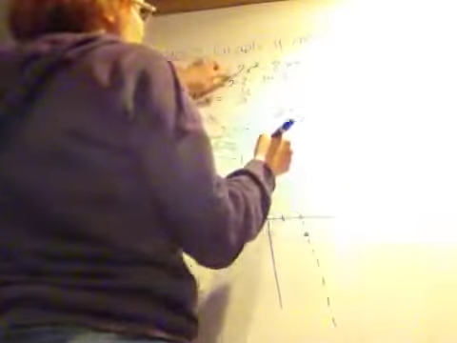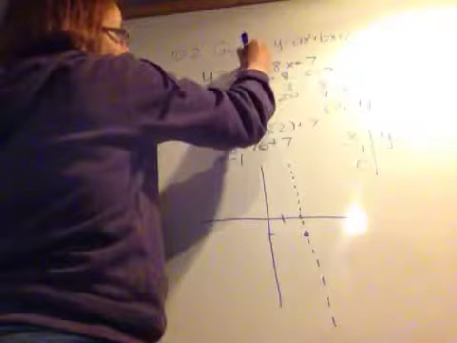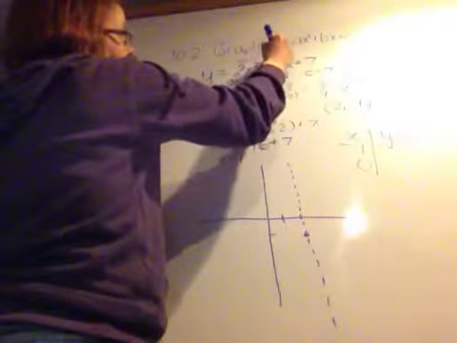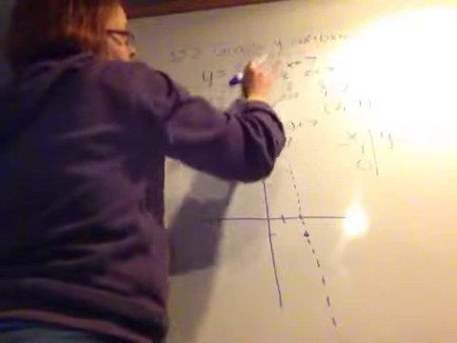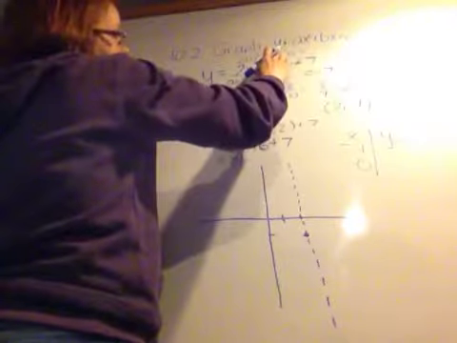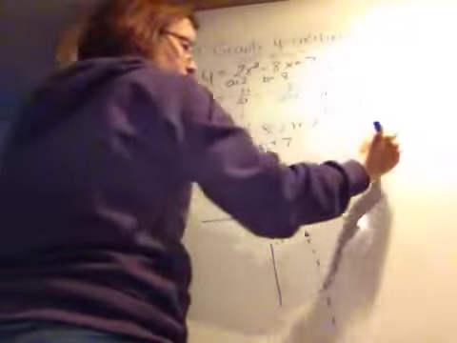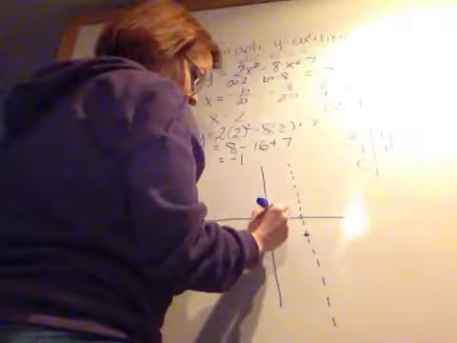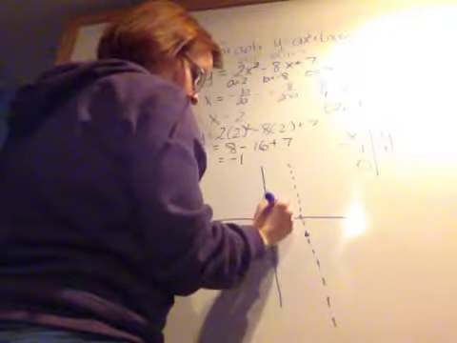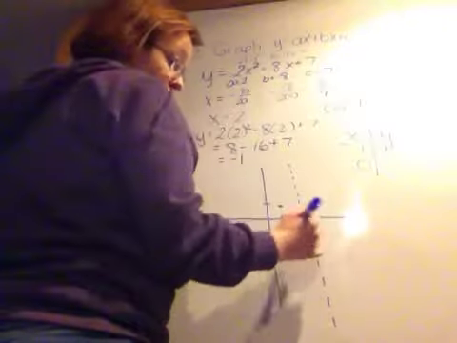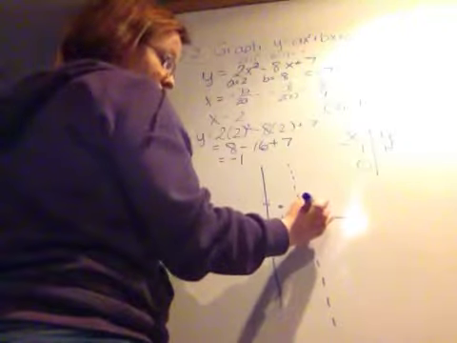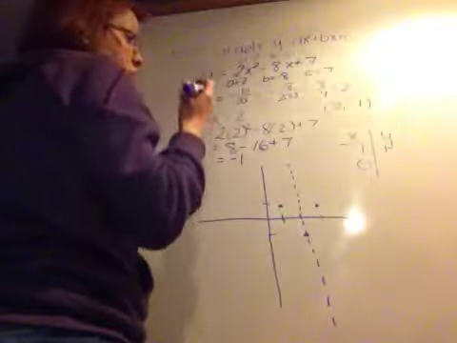So when x is 1, I'm going to have 2 times 1 squared minus 8 times 1 plus 7. So I have 2 minus 8, which is negative 6, plus 7 is positive 1. So when x is 1, y is 1. Likewise, when I go 1 to the right of the vertex, I'm also going to be up at 1 using my axis of symmetry.